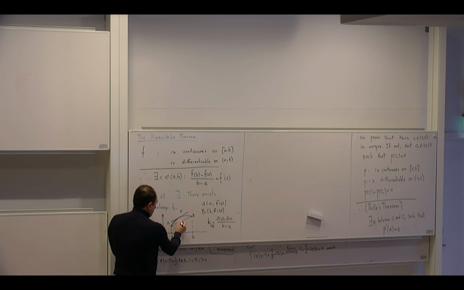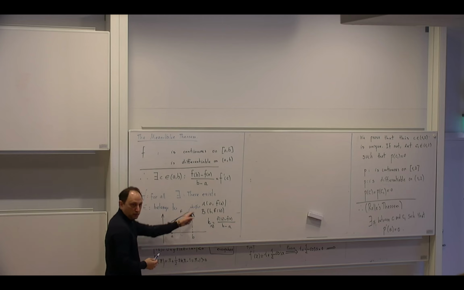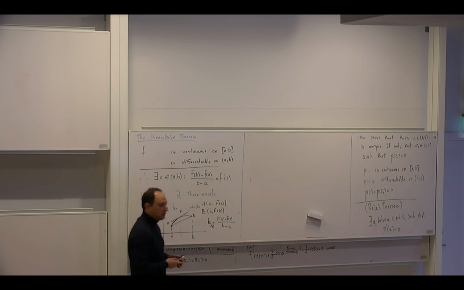If this point is c, and I ask you what is the k value here, you should answer immediately: the k value of the tangent line at the point whose x coordinate is c is equal to f prime of c. So this means that at least you will find a point on the curve so that the tangent line there becomes parallel to the line that connects the endpoints. So that's the content of the mean value theorem.